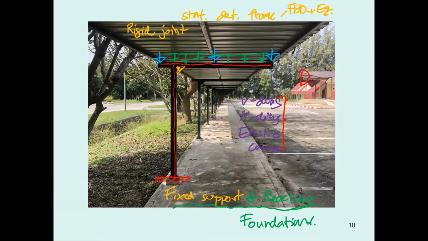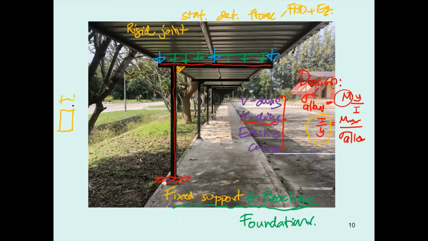So in the design, from the mechanics of materials, you will set sigma allowed equal to M times Y divided by the moment of inertia, and this M is going to be the maximum moment from the moment diagram. So you determine I over Y. I over Y is going to be Mmax divided by sigma allowed. What we are going to determine is the size of the section of this frame.